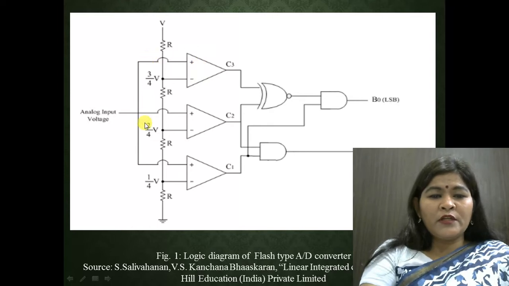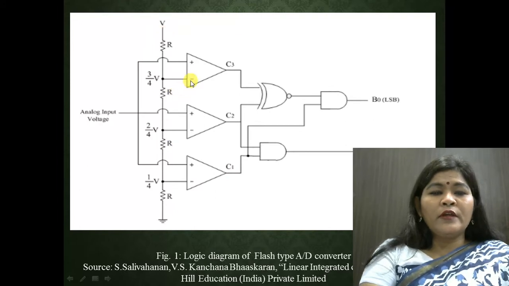All the non-inverting terminals of these comparators are connected to this input voltage Vin, and all the resistances are connected to this reference voltage V, and the inverting terminals of these comparators are connected to these reference voltages, that is V by 4, 2V by 4 and 3V by 4. These are calculated by applying the resistive voltage divider network. So we will find these values by applying the resistive voltage divider network.